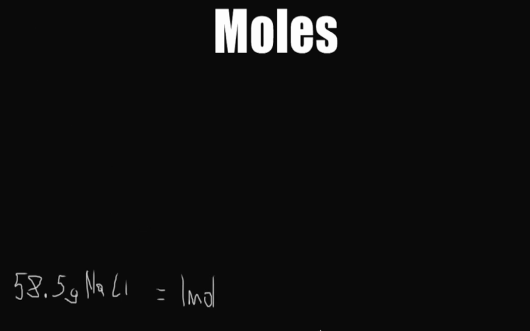What if we were told that we have only 40 grams of sodium chloride? How would we be able to determine how many particles are present, or how many moles are present in the sodium chloride?